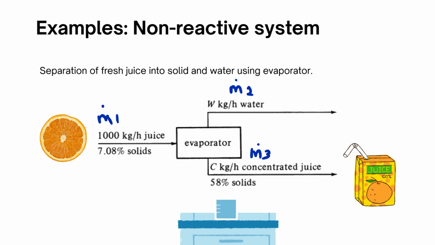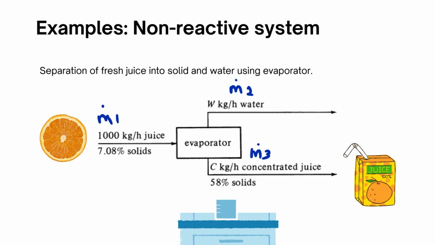For example, separation of fresh juice, for example, orange juice into solid and water using evaporator. Now we have the incoming stream, which is M1, having 1,000 kilogram per hour of juice, which has 7.08% solid.